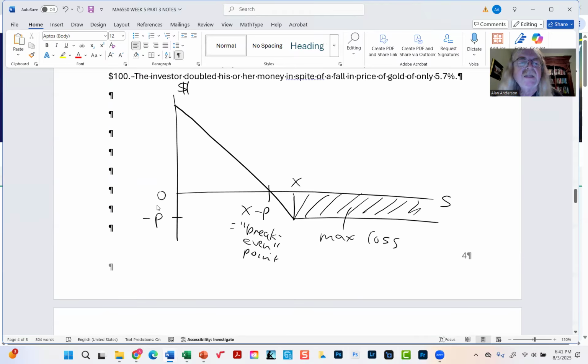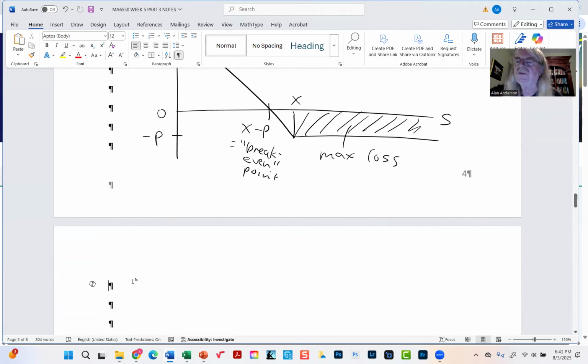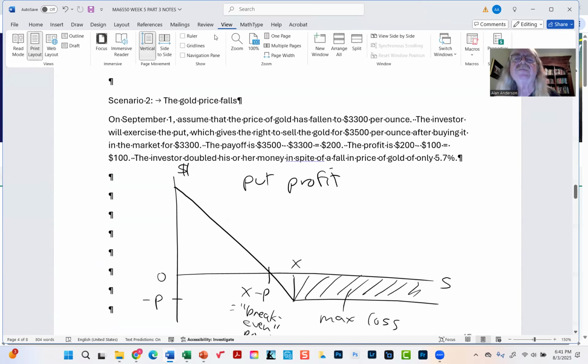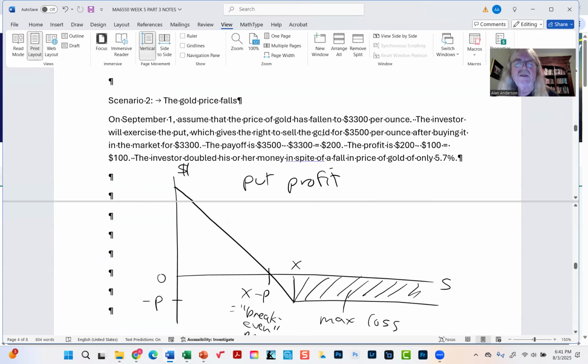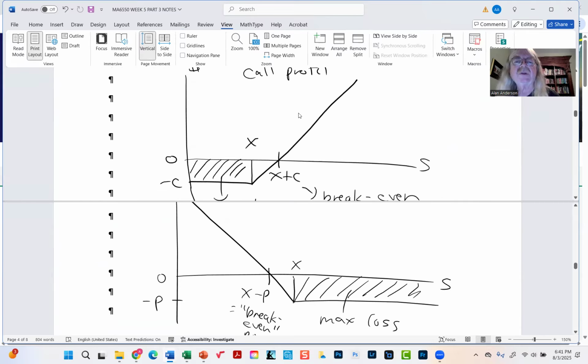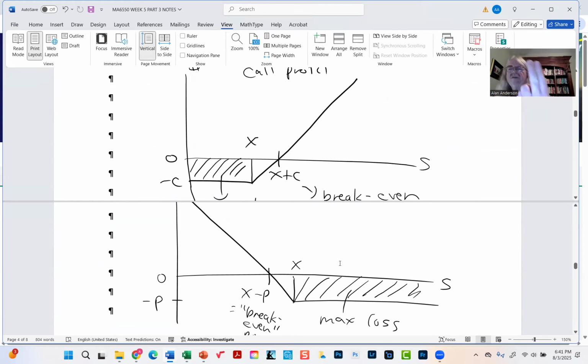Now, I do want to mention one way in which the two differ. If you look at these side by side, I just want you to be able to visually see how they're related to each other. You're just flipping it from left to right. It's the same thing reversed from left to right, so one is a mirror image of the other.